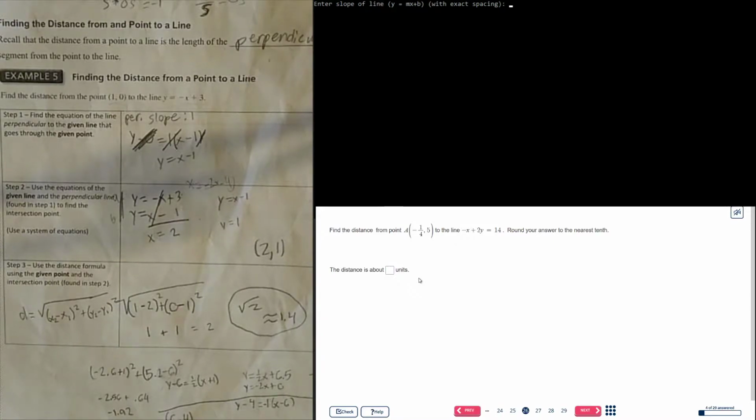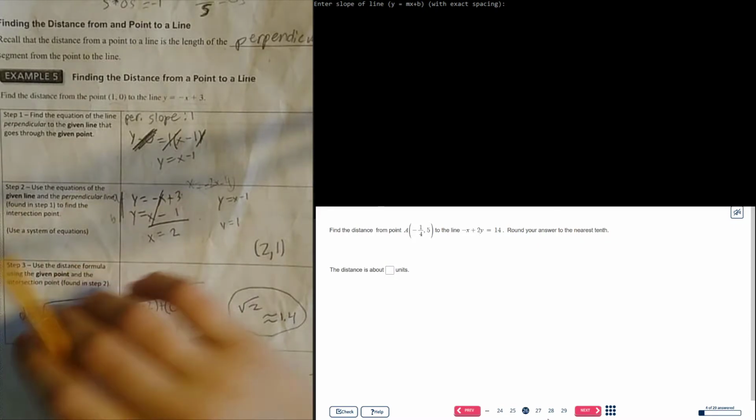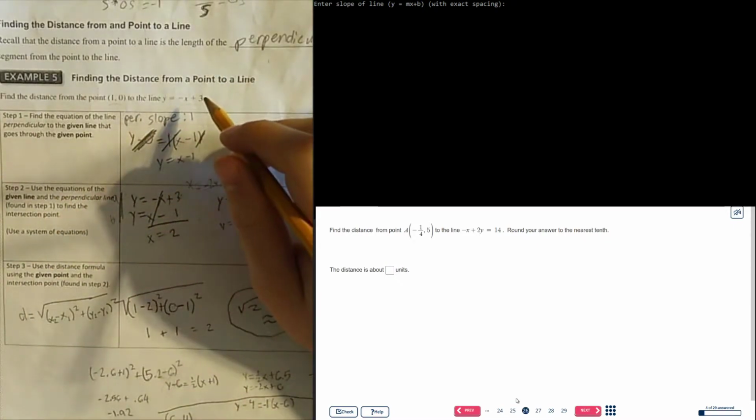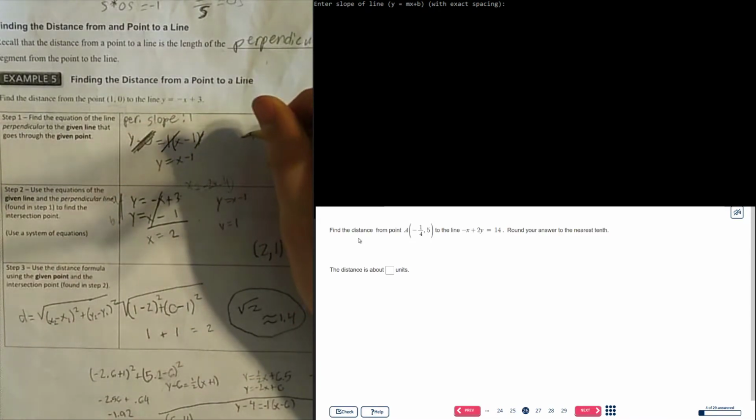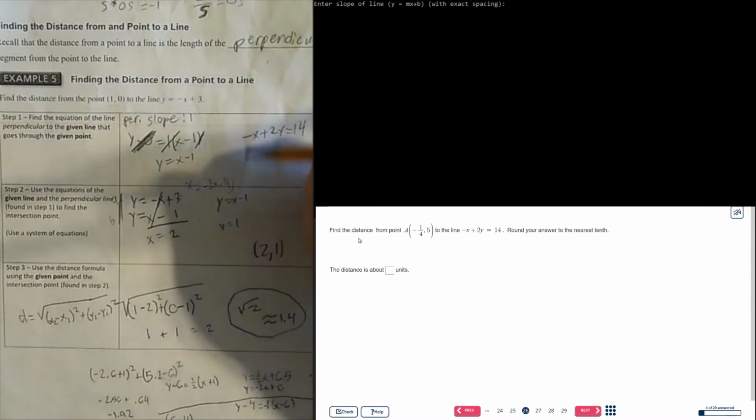So that's our point. And then the slope of the line is going to be, so first you will have to solve this. You can't type negative x plus 2y equals 14. So we're just going to solve this really quickly here. So our equation, once again, is negative x plus 2y equals 14. And this is pretty straightforward.